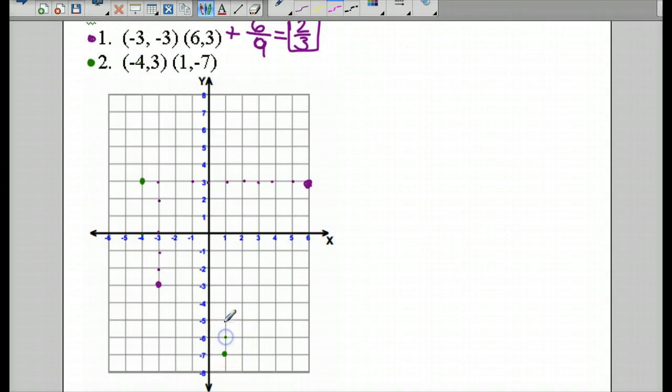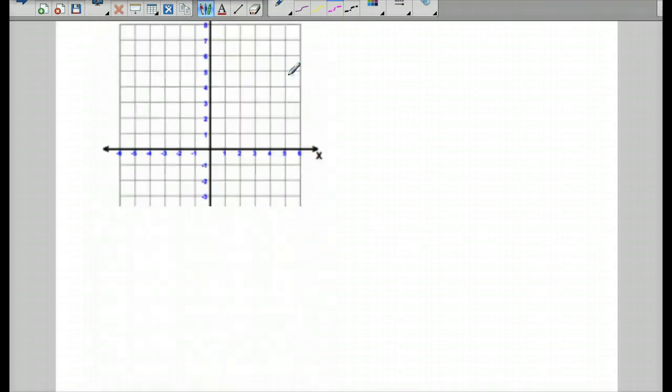So we go up 1, 2, 3, 4, 5, 6, 7, 8, 9, 10. Our rise is 10. And since from here we're going to the left, we know that this is a negative slope. So we go over 1, 2, 3, 4, 5. So -10 over 5, and that's equal to -2. So that would be our slope for the second one.